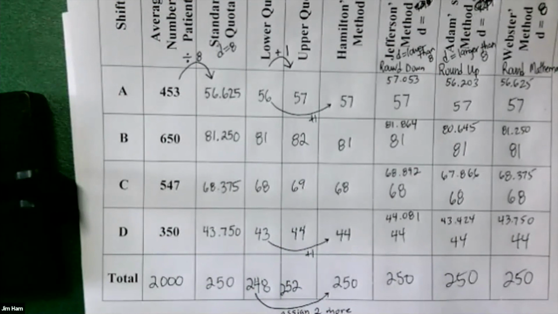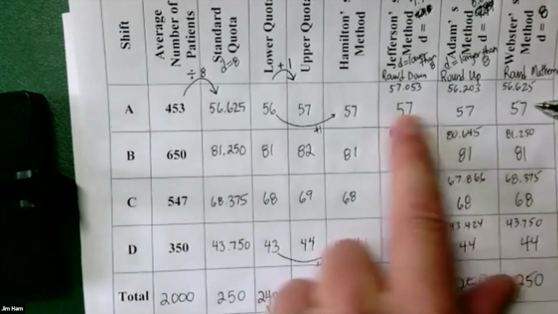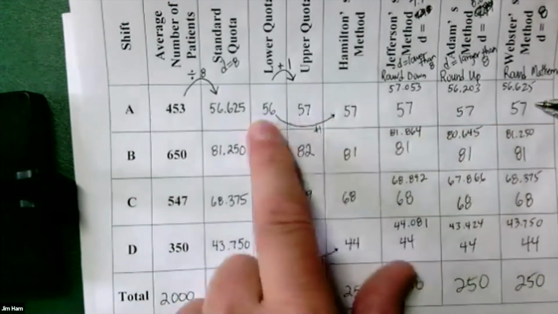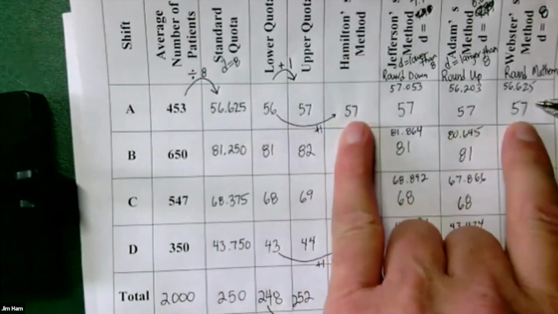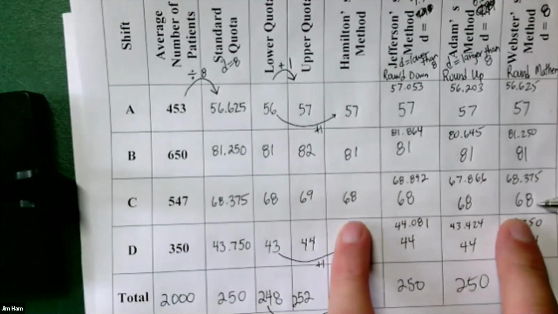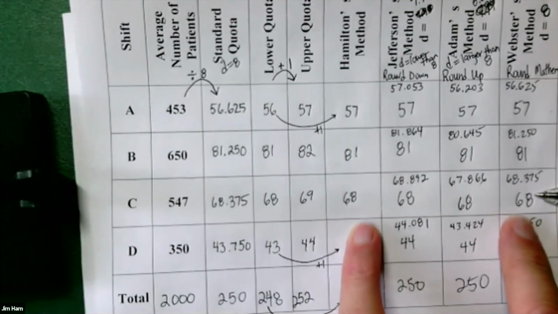So you can see there's not a whole lot of difference in these columns. If you look at the numbers, they may be off by just one vote. But it seems like Shift A is going to get 57. Just about every method that we used came up with 57. Shift B looks like no matter what method we choose, Shift B is going to get 81 nurses. And it looks like Shift C is going to get 68 in every single method we chose.